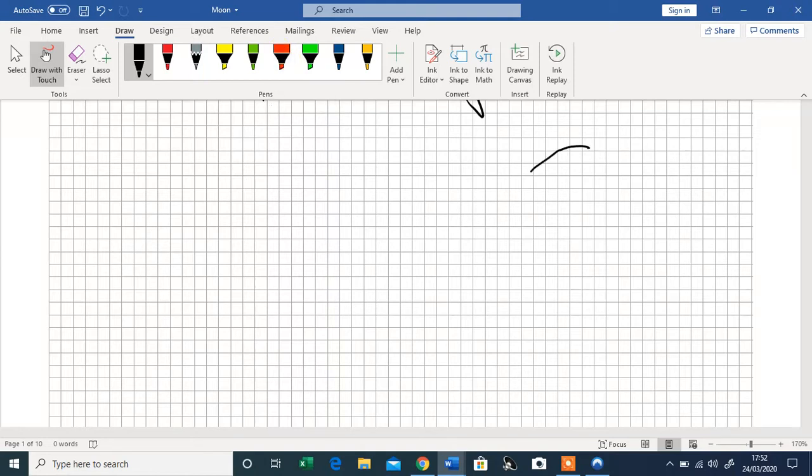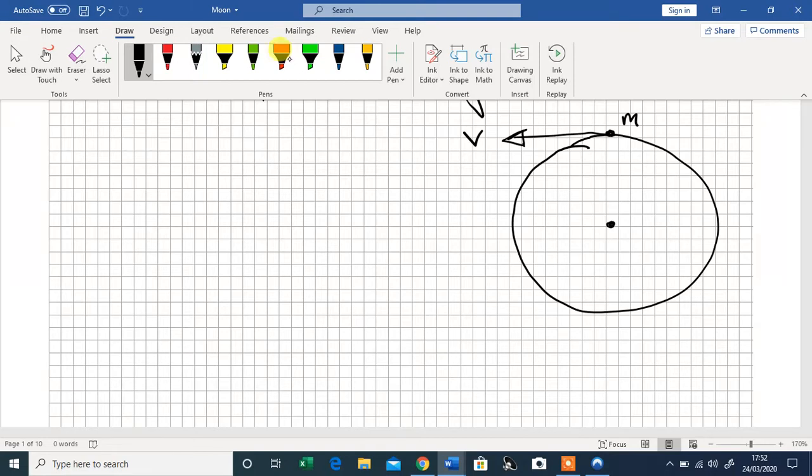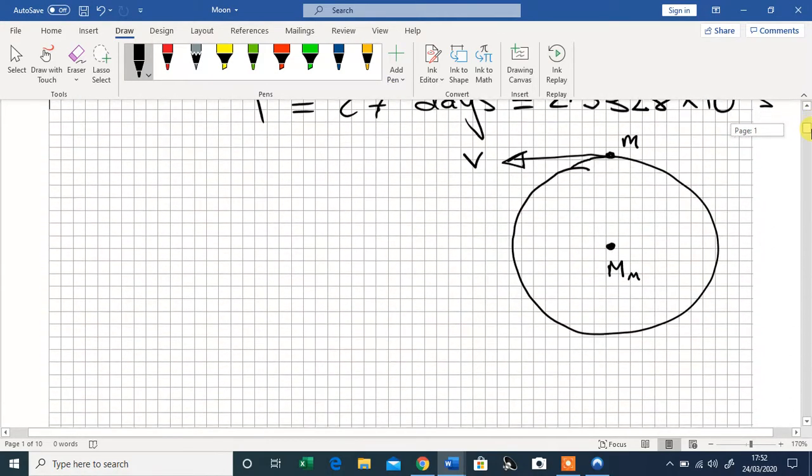So we draw a circle here, and that's supposed to be the orbit of a satellite of mass m travelling at velocity v, and the moon, whose mass we assume is all concentrated at its very centre, is M. And I think we'll call that M sub m, like we should have called it above. So I'm just going to check that for consistency. Yes.